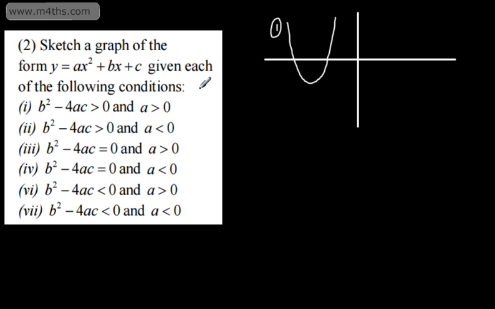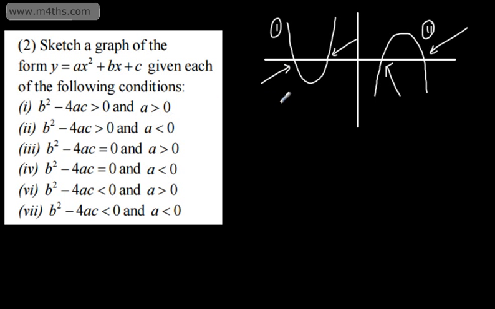Okay. If we look at the next one, b squared minus 4ac greater than 0, yet a is less than 0. So two distinct real roots, but now the value of a is going to be less than 0. That will give us a negative quadratic, but again, we've got two distinct real roots. So there's one distinct real root, there's the other. Of course, it says sketch a graph. It's not the graph because there are infinitely many of these that we could draw. So positive for the first one, negative value of a.